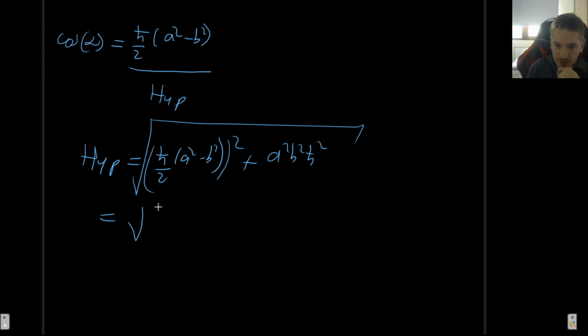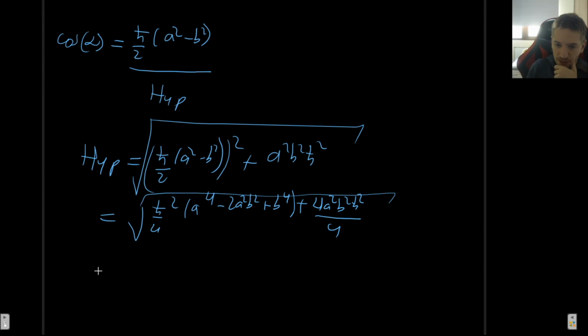This first part here is ħ²/4 times a⁴ minus 2a²b² plus b⁴, plus 4a²b²ħ²/4. Here I took the common denominator already because I want to put everything together here.